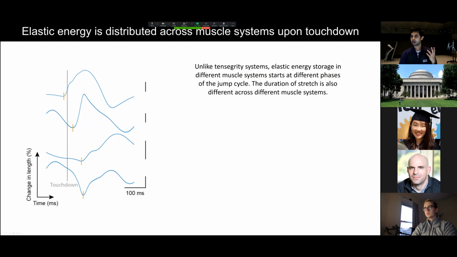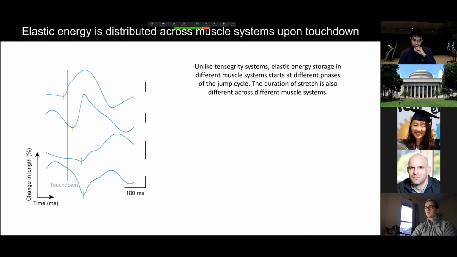So unlike tensegrity systems, where all the bands start expanding at the same time, muscles have viscoelastic properties. So the timing of elastic storage in each band is slightly different compared to a purely passive system with no viscoelastic properties.